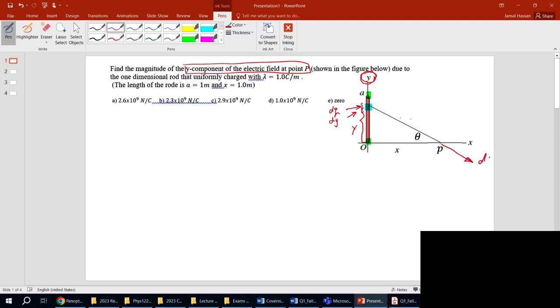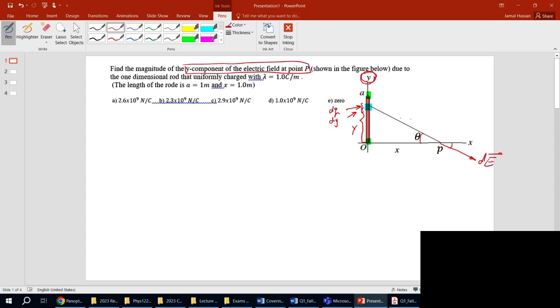Let's call this electric field dE, because it is produced by that small piece dq. Now, the angle theta is given in the question as a hint, so we could simply say this angle is equal to this angle.